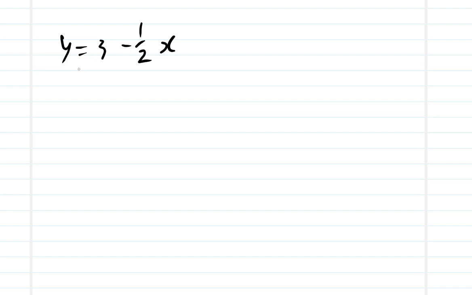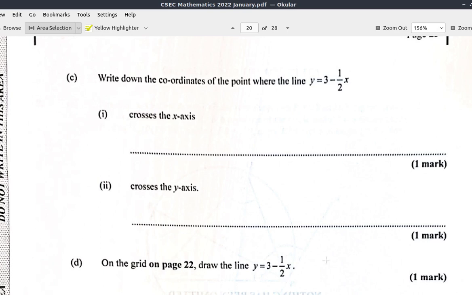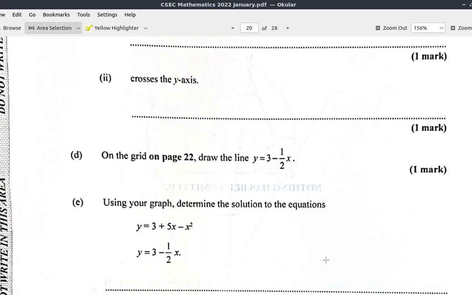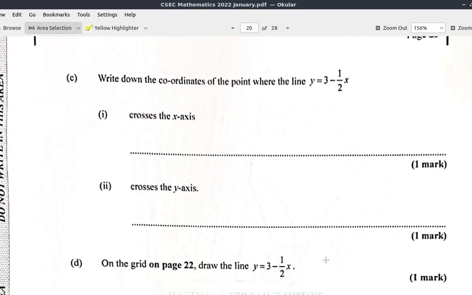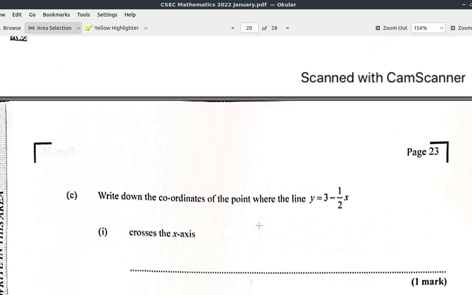I wrote the equation here where it crosses the x-axis. Now, before I do that, it says something about the grid on page 22. Now, I wanted to use that same graph before.